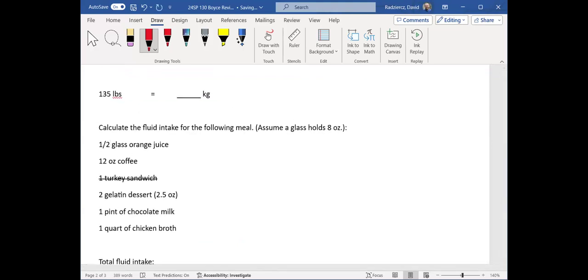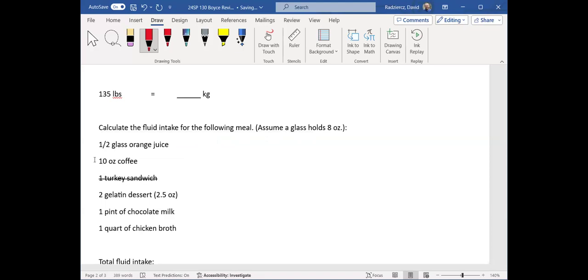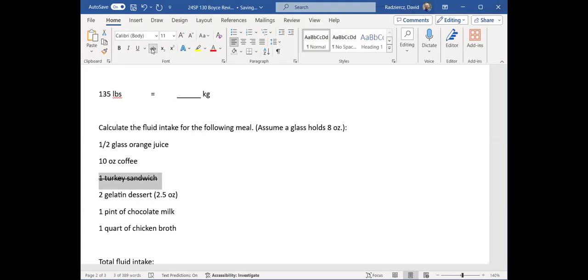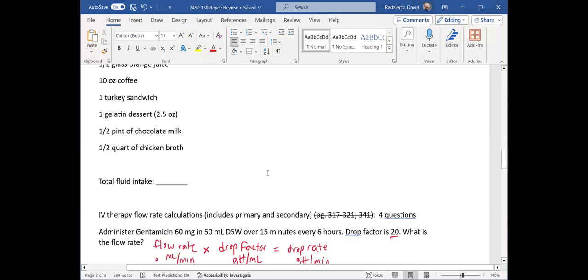So as always, someone asked about rounding. If it's a number greater than 1, you round to the nearest 10th. If it's a number less than 1, round to the nearest 100th.